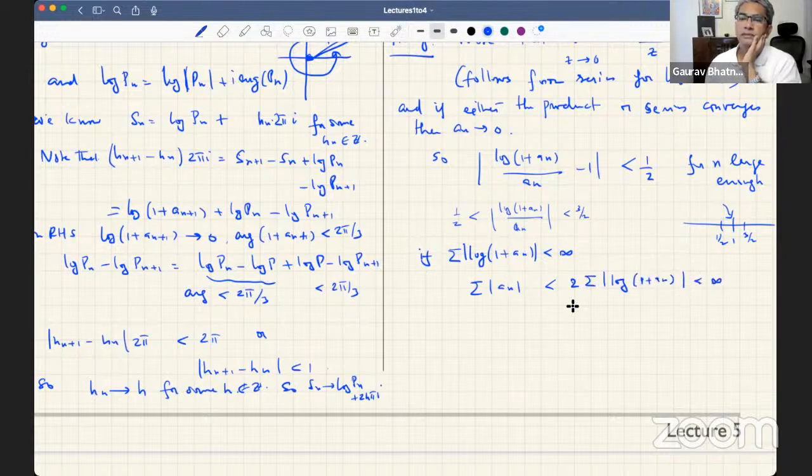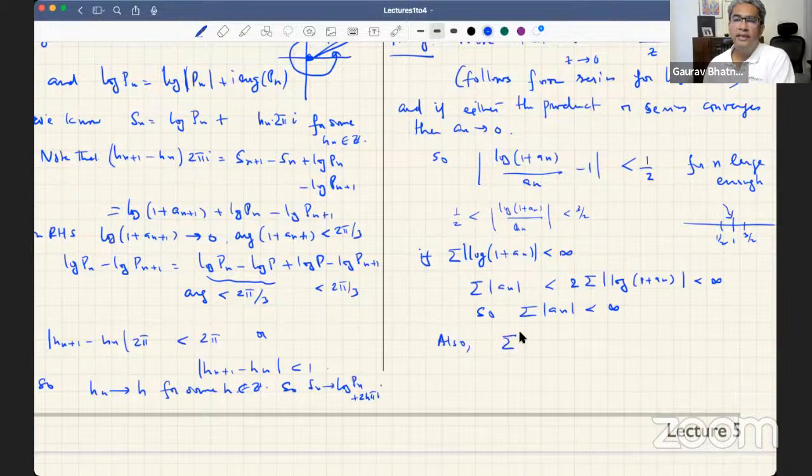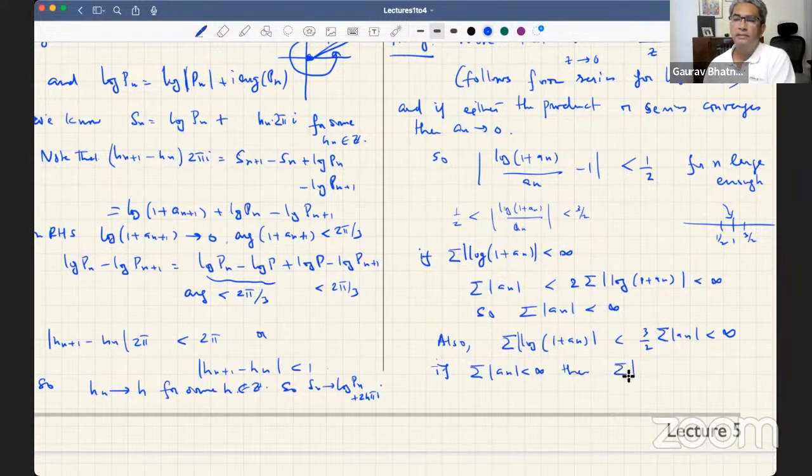So this converges, so summation a_n converges by the comparison test. And also, summation of the absolute value of log of 1 plus a_n is less than 3/2 summation of the absolute value of a_n, and this converges. So if summation a_n converges, then summation log of 1 plus a_n converges.